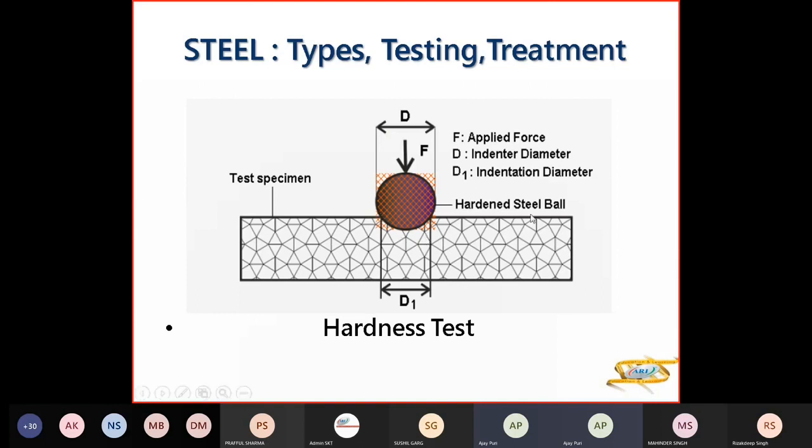So if F is a continuous force being applied on the hardened steel ball on the test specimen, you see what is the diameter of the ball vis-a-vis what is the diameter of the indentation. If your indentation is small, that means it's hard. If the indentation is bigger relative to the diameter of the ball, that means it is a soft material.